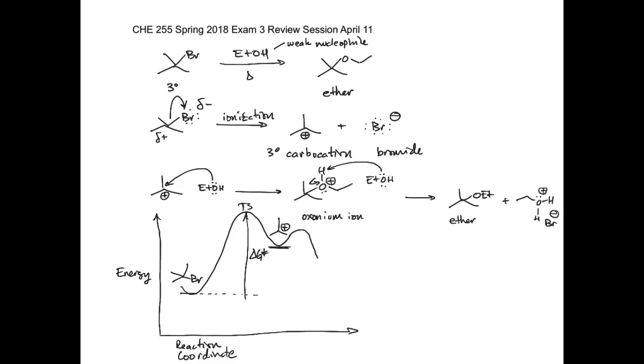Your solvent will then attack, and you end up in another well. And then you finally end up with your product. I'll draw what that well is again: the well is the oxonium ion.